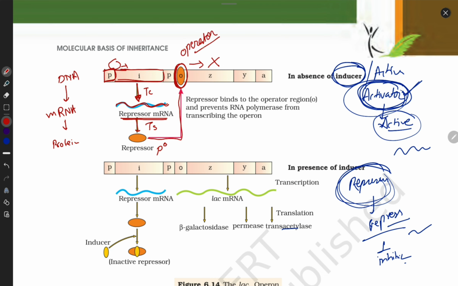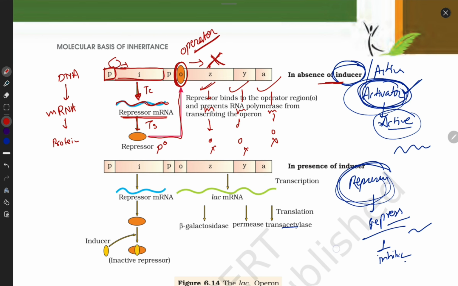It means there is no synthesis of Z gene, Y gene, or A gene, so there is no mRNA of Z, Y, or A, and no protein of A, Y, or Z in the absence of inducer.